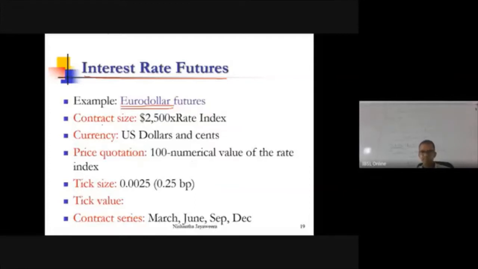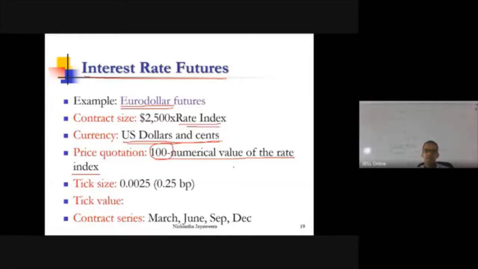Again, contract size is specified, and the currency in which the prices are quoted and values are calculated. It's US dollars and cents. Price quotation is 100 minus the numerical value of the rate index. So in contract size, there's something called the rate index. Based on that index, the contract size is defined, and the price quotation is also based on that index.